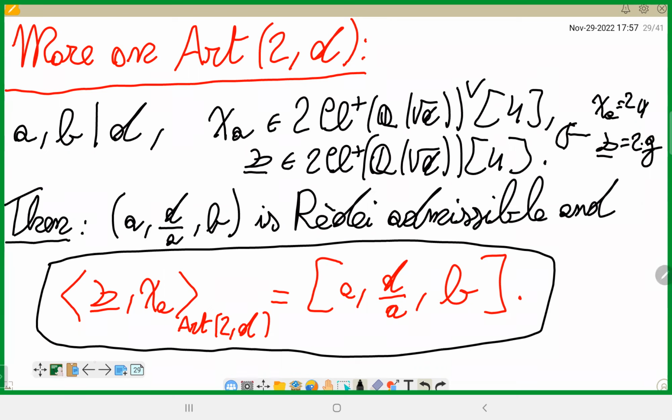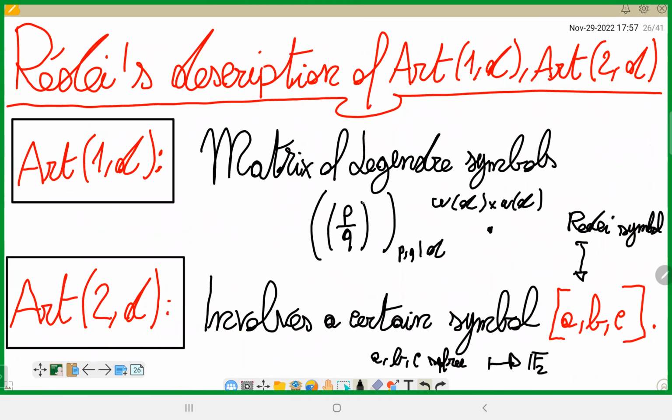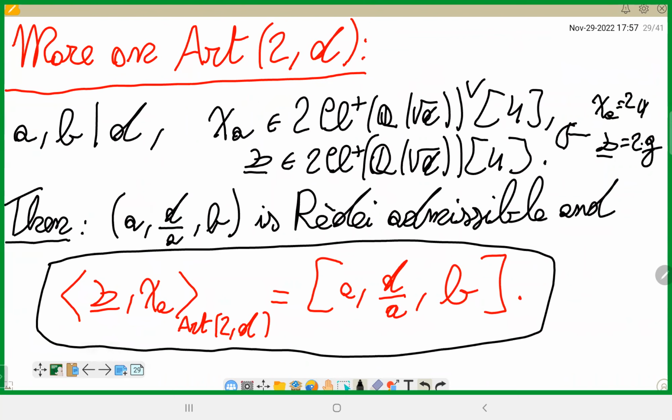So it's not as simple as the case of the previous pairing, where we simply get a matrix of Legendre symbols. It has a further level of complexity, and it involves this Rayleigh symbol, but we can still write down the pairing between B and chi-A as a Rayleigh symbol. And this Rayleigh symbol satisfies all these nice properties.